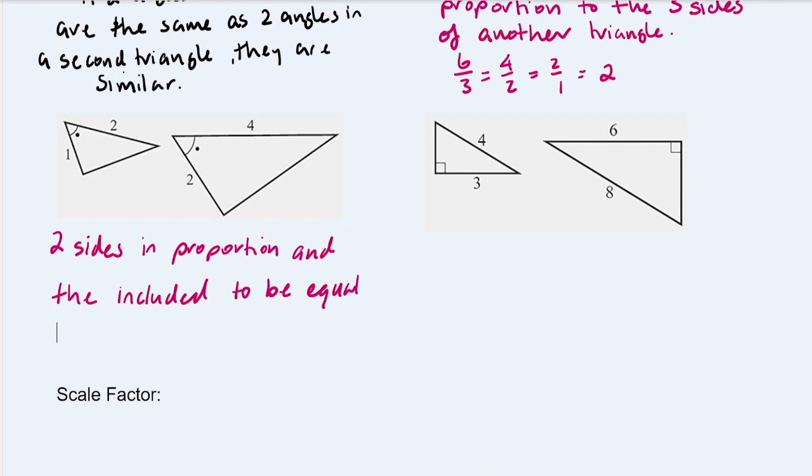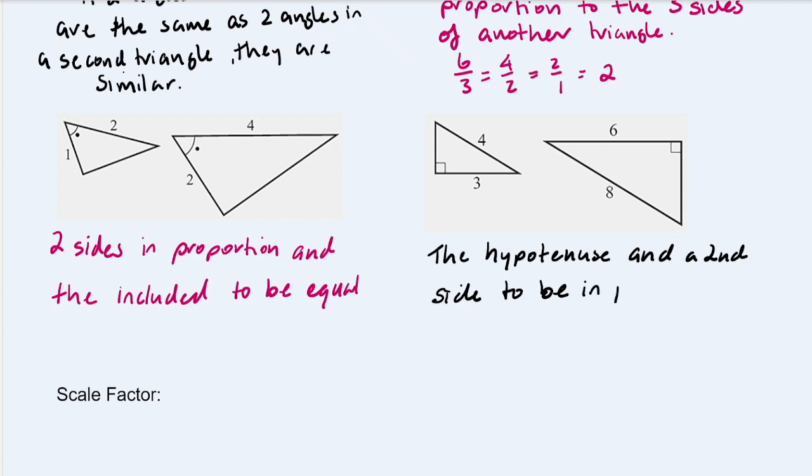So we want the hypotenuse and a second side to be in proportion. That's what we were talking about a little bit before, because obviously the right angle is going to have the same value.